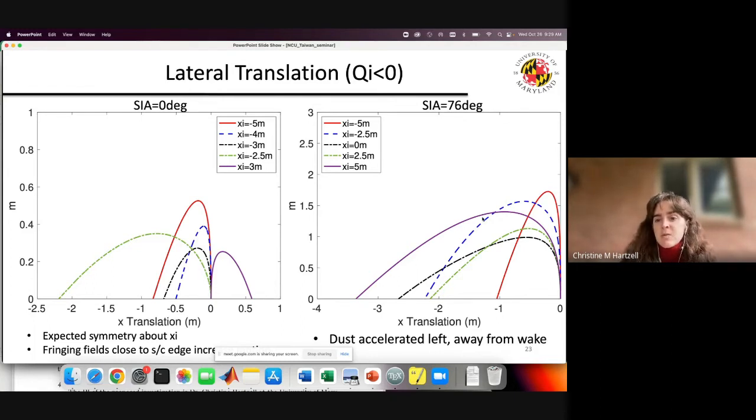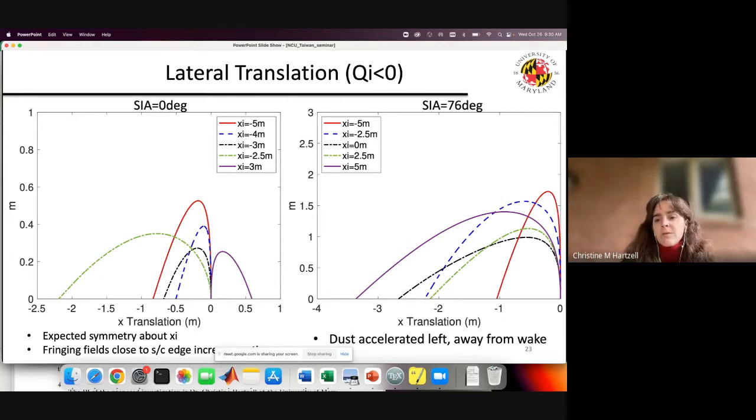For this case, we see that all of these initial particle locations, just to plot them, I have translated everything so they all start at 0. So the x-axis is just the translation of the particle. So you can see the impact of initial particle location on the trajectory.